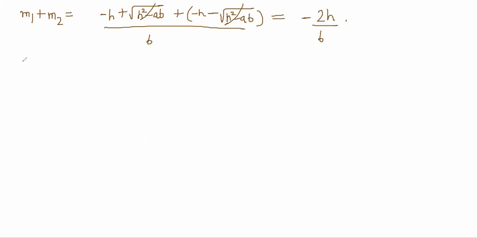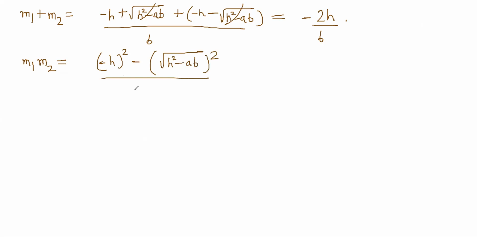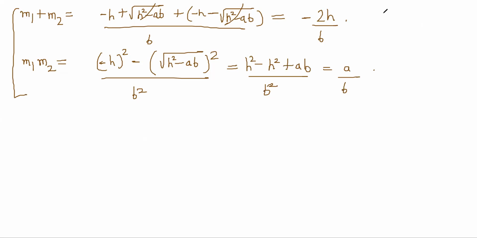And m1 into m2, when you multiply it, will become minus h whole square minus root over h square minus ab whole square, by b square, correct? So this will become h square minus h square plus ab by b square, which will become a by b, right?